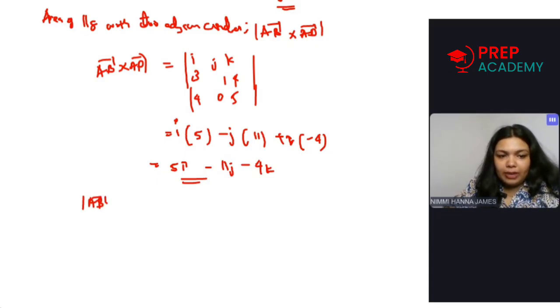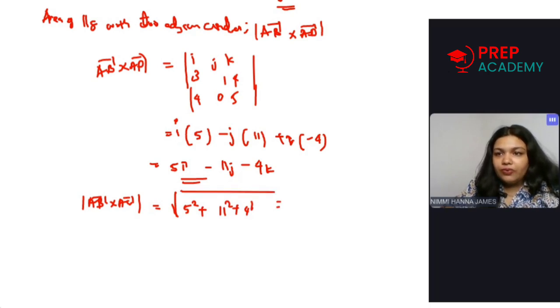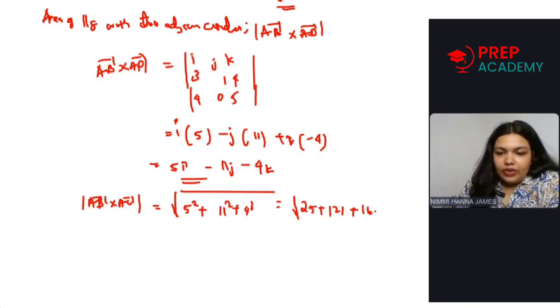So modulus of AB cross AC is equal to root of 5 squared plus 11 squared plus 4 squared, that is root of 25 plus 121 plus 16.